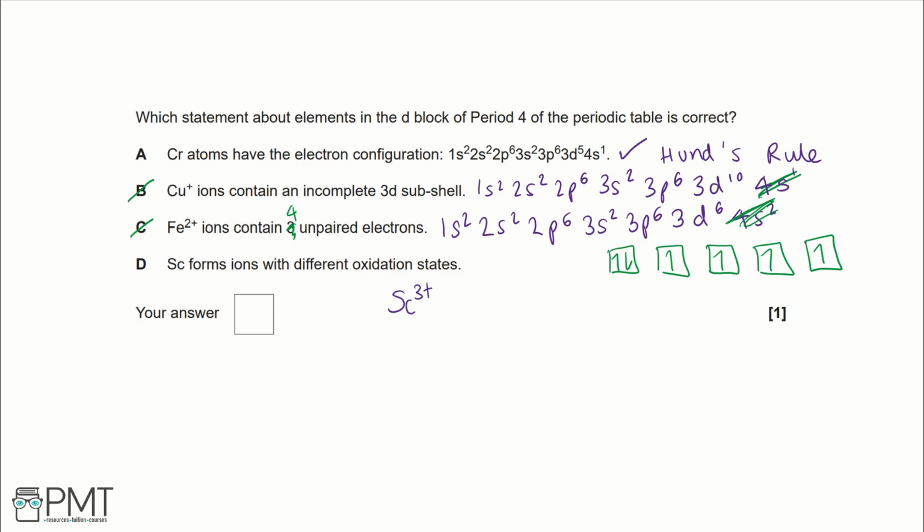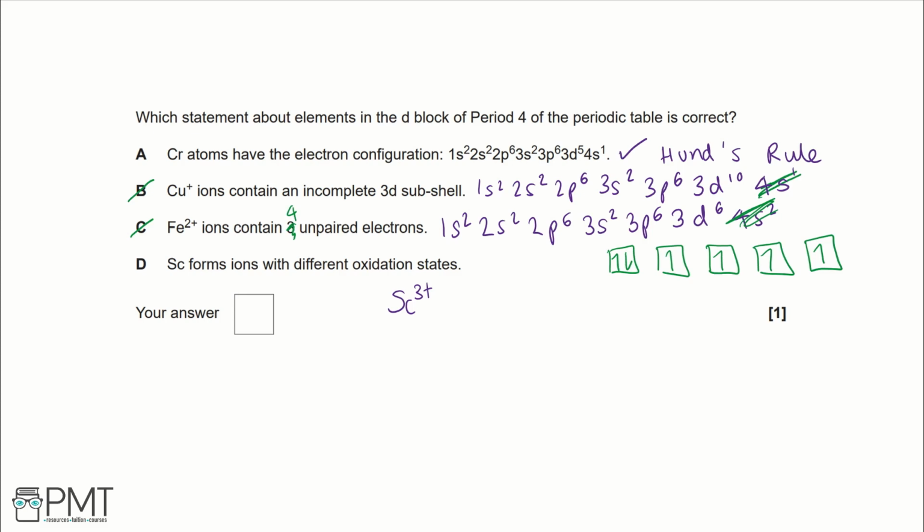It just loses all of the 3D and 4s electrons to form this ion. So it doesn't have this classic trait of a transition metal, and therefore it doesn't count as one, so it won't form ions with different oxidation states because it can't. It only has one ion that's stable enough to be formed.